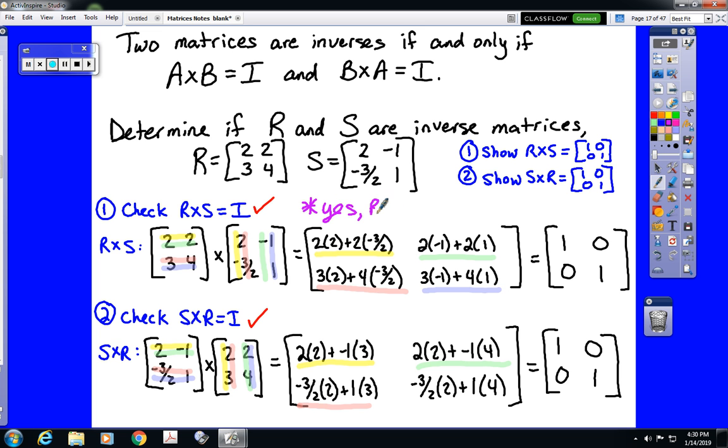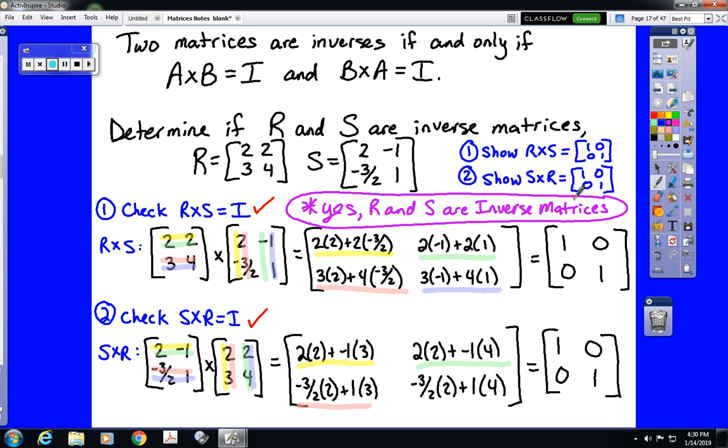And again, the only reason we can state that is because we have shown the work to show that R times S is equal to I and S times R is equal to I. Let's do another one.